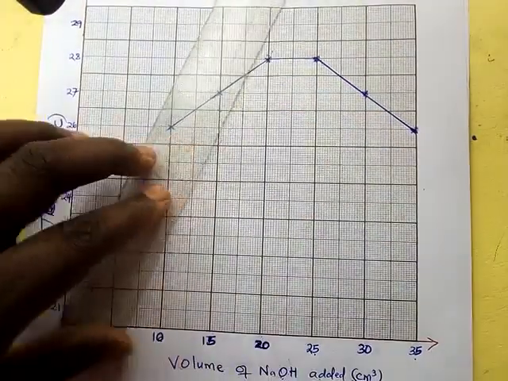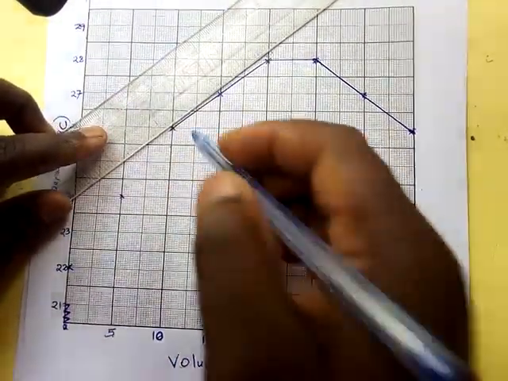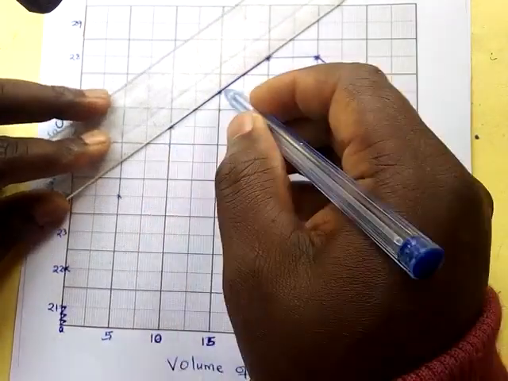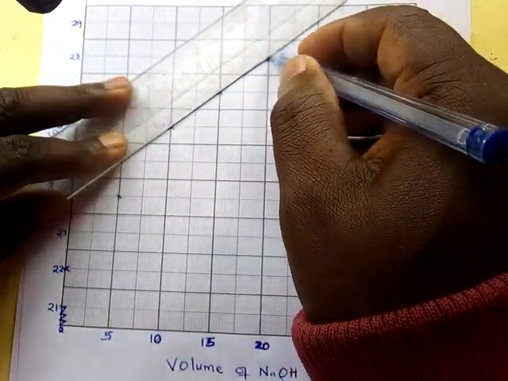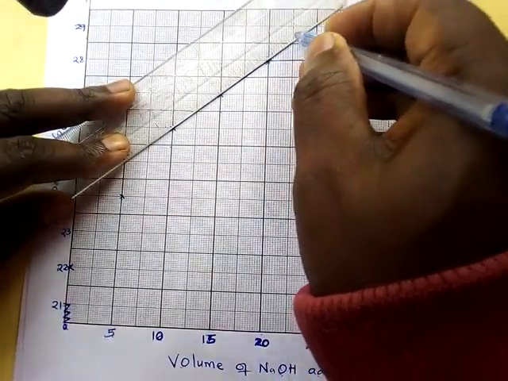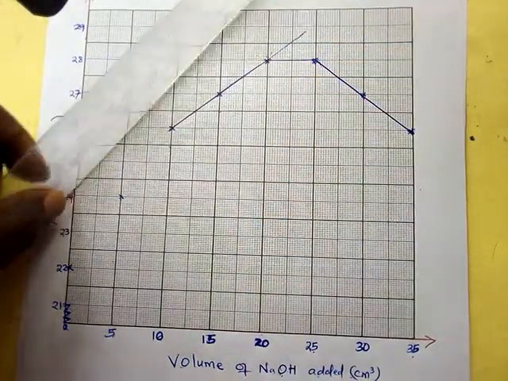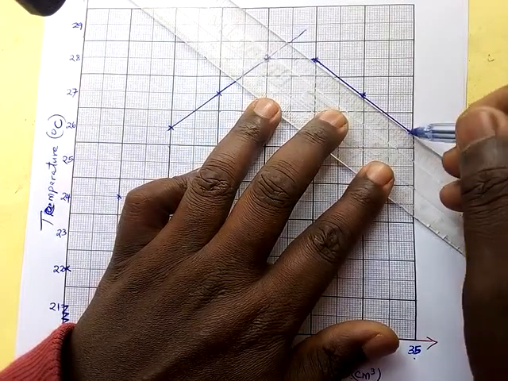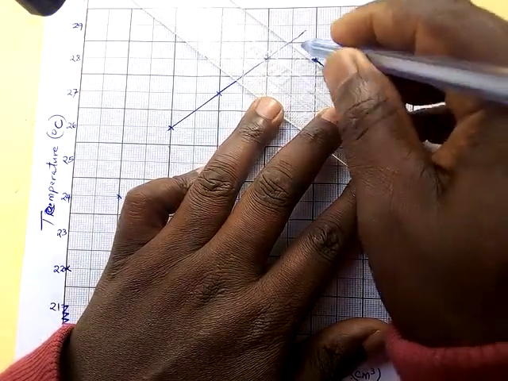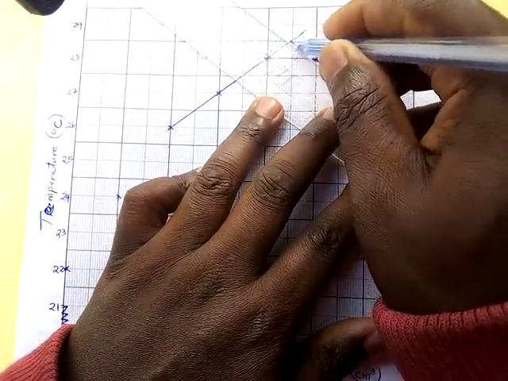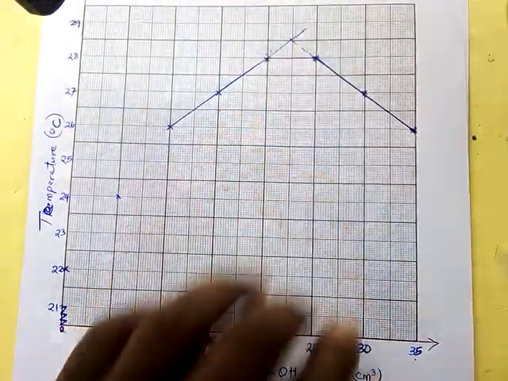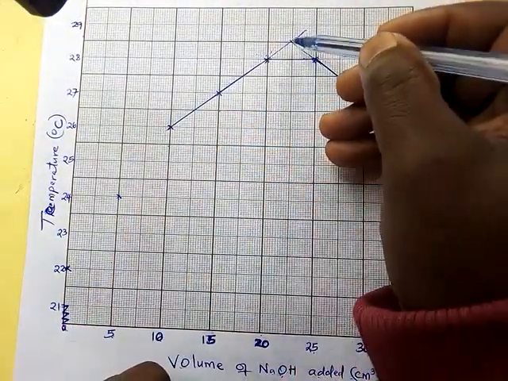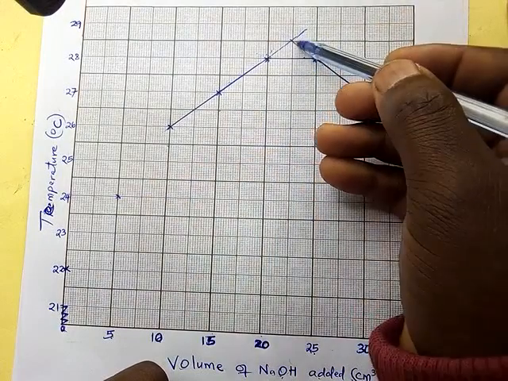So let us extrapolate. You put your lines like that and then use a dotted line like that. Also join this one, dotted line. Now you see these dotted lines are meeting at this point.